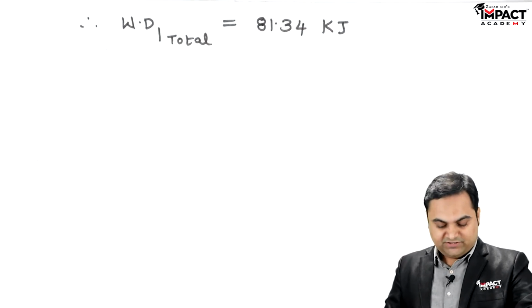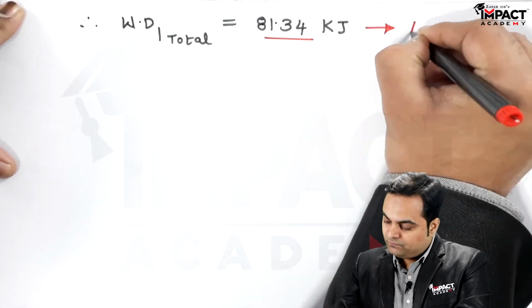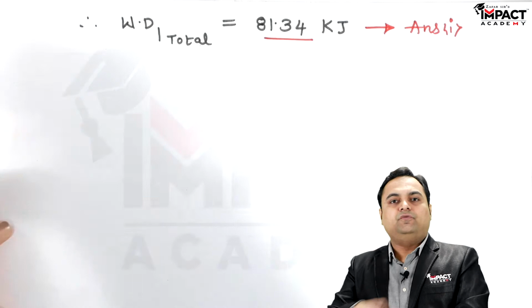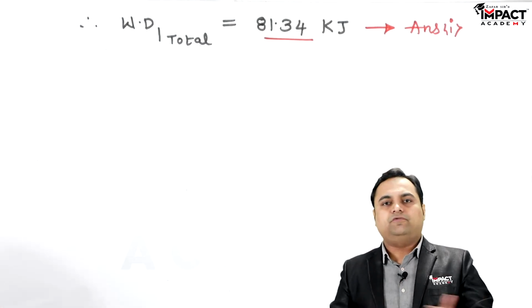Now that's the first answer. And whenever we are getting a positive answer of work done, it means it is work done by the system, that is we are getting work from the system.